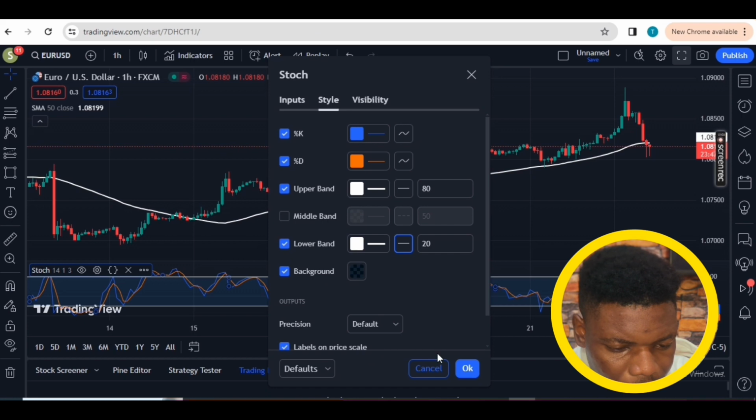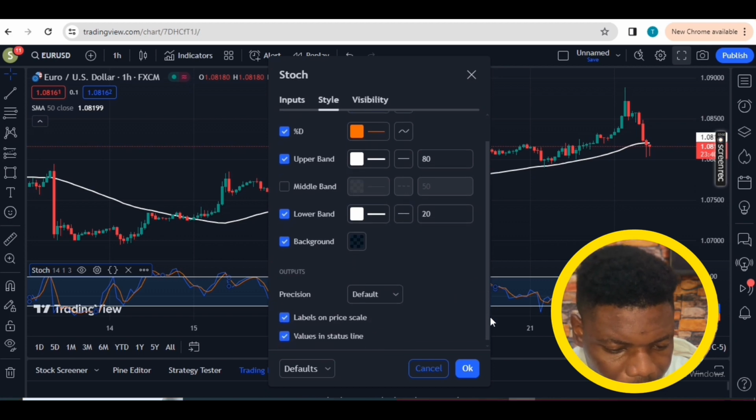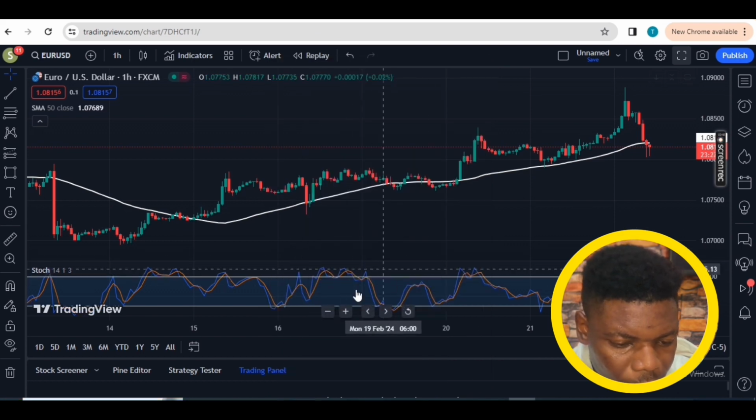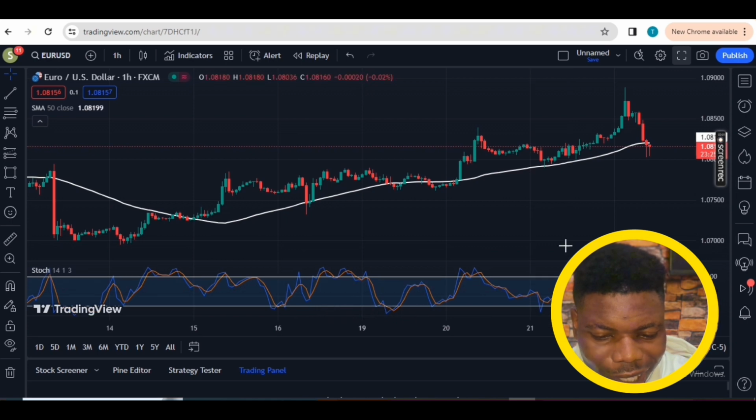I think that's all, we are good to go. If you like, we can uncheck the label, value and price, but let's uncheck them because they are not valuable. This is all we need: the moving average, the stochastic and the levels.